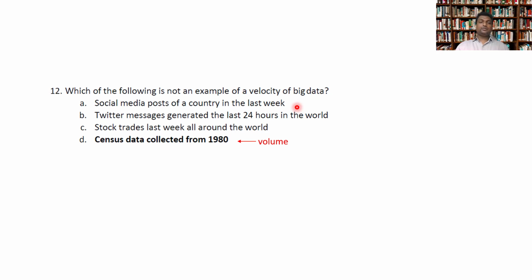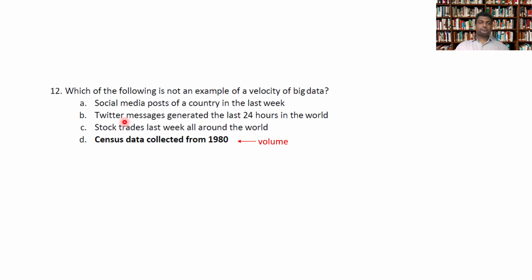If we think about all the social media posts in Sri Lanka during the last week, what we can guess is how fast the posts are coming in, how many posts are coming in every second. So this is a good example of the speed of big data. So many posts are being created and shared as we speak, every second, right? So this is about speed.